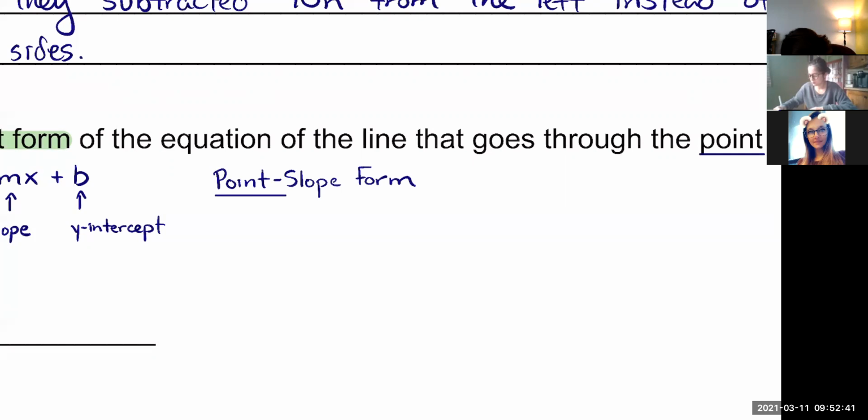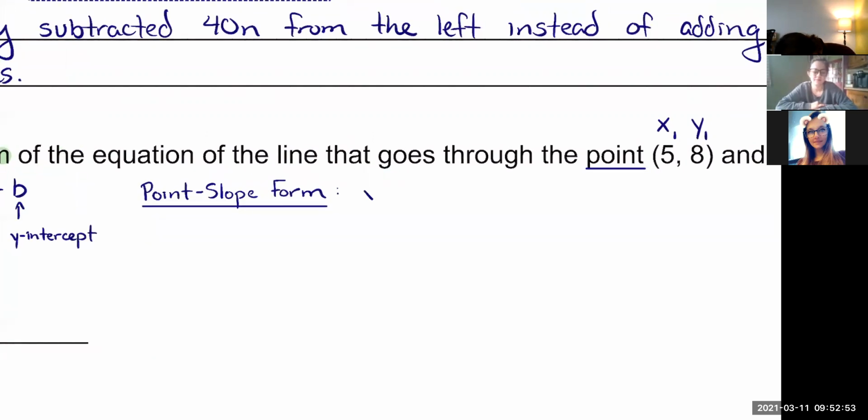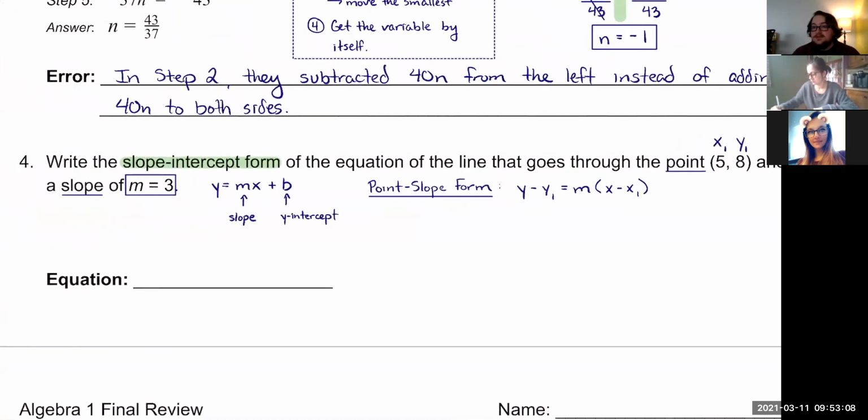And as its name suggests, all you need for point slope form is a point, which we have, and the slope, which we have. But in case you have forgotten, point slope form is y minus y1 equals m times x minus x1. And because I usually do things very intentionally, you'll notice all the pieces that I need for point slope form have already been labeled.